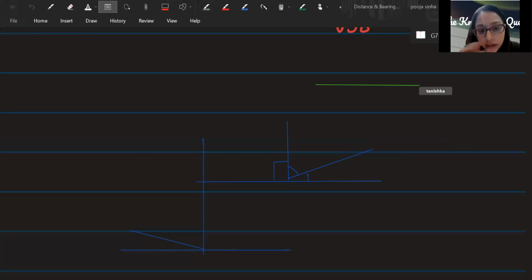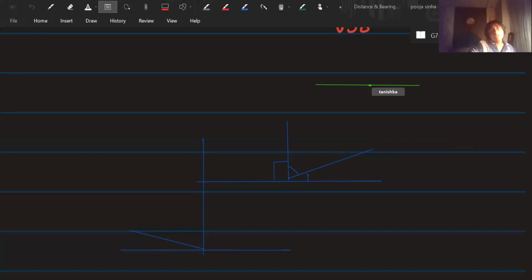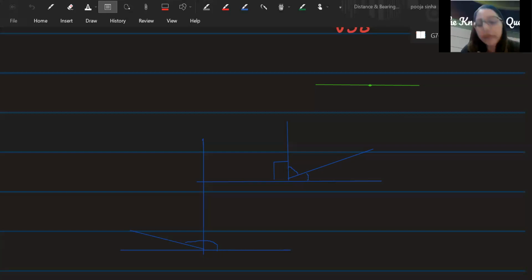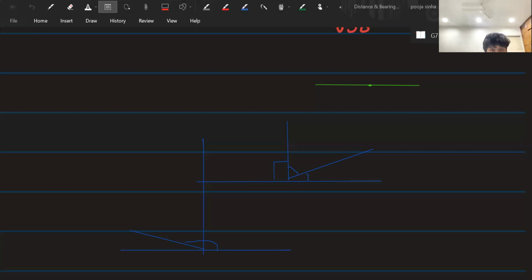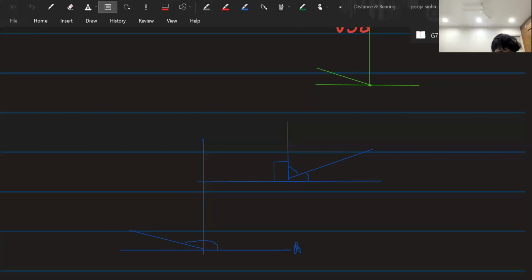What is 142? I don't understand. This is 142 from which one? This bit is 142. No, but how are we supposed to measure? From where? What is the reference line? From here, this is the reference. No, but in bearings, what is the reference line for us?